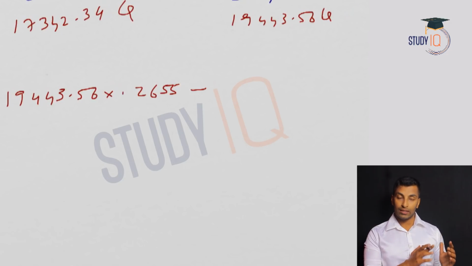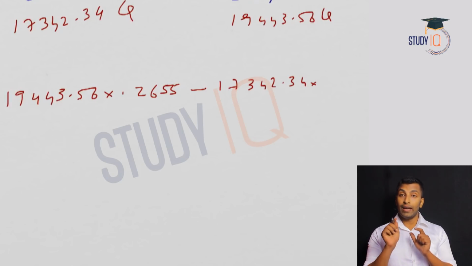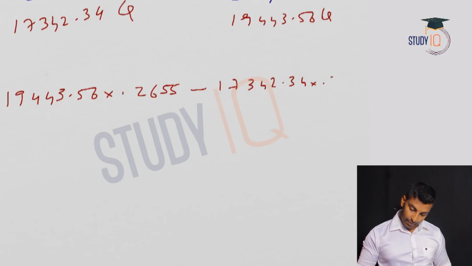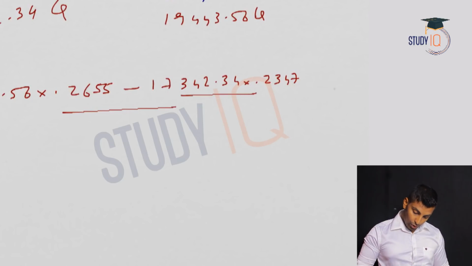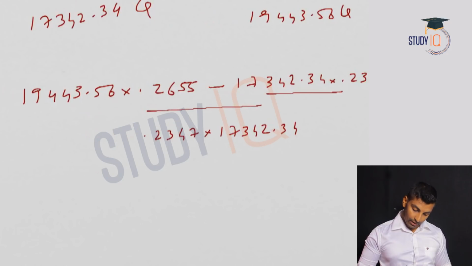Now let's write 2016: 17342.34 into 23.47 divided by 100, which I can write as 0.2347, divided by the base. Base means 2016, which is this one. So 0.2347 into 17342.34 into 100. That's how you will calculate the percentage.